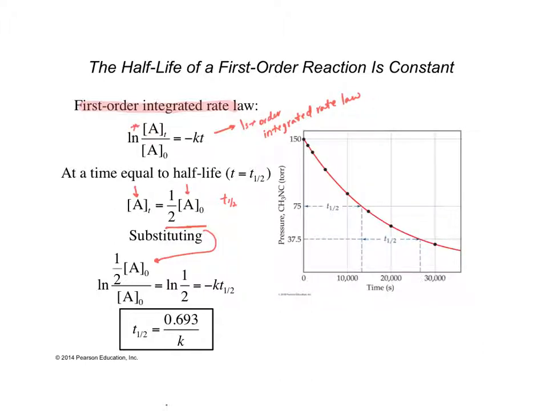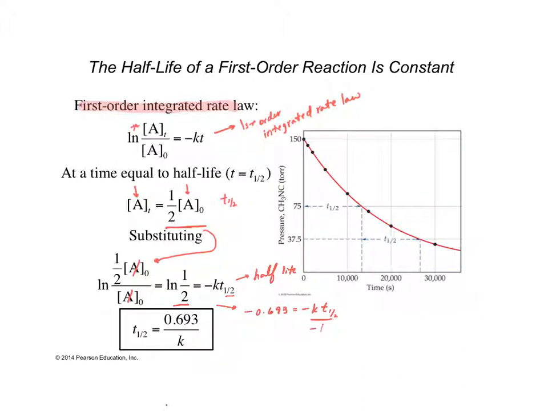When we do that, we can cancel the A naughts; these are going to divide and go away, and we're left with ln of 1/2 equal to minus k times t. And again, this t with the 1/2 is denoting the half-life. So ln of 1/2 ends up being minus 0.693, which is equal to minus k times t half-life.